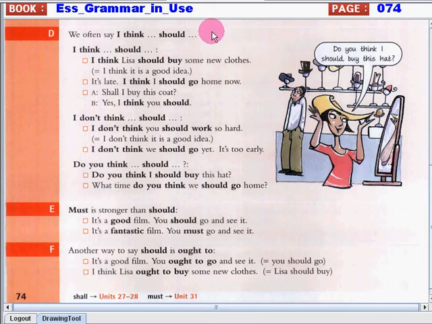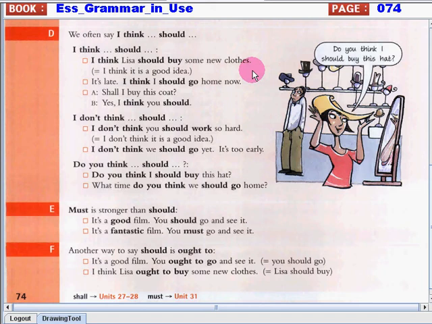You know, students, we often say, I think, should. When you say, I think, should, that means you are saying your opinion. You think that something is a good idea or something is good to do. For example, first sentence, I think Lisa should buy some new clothes.